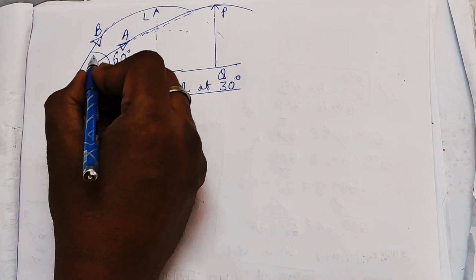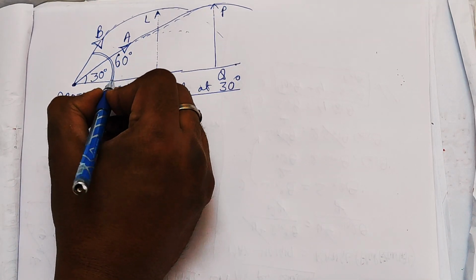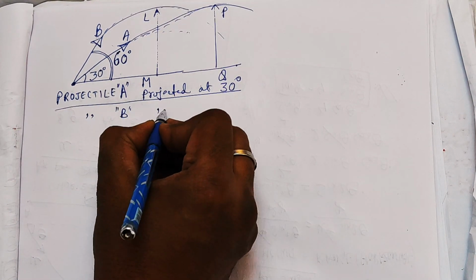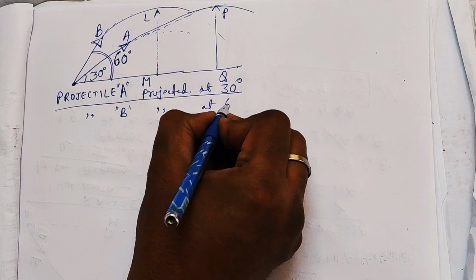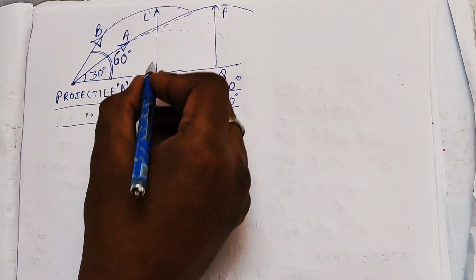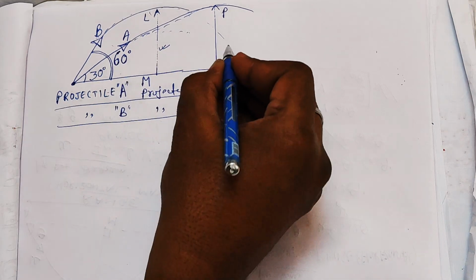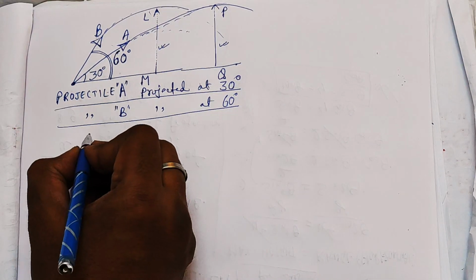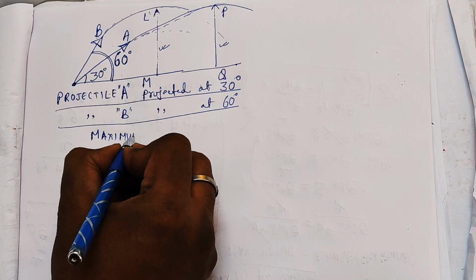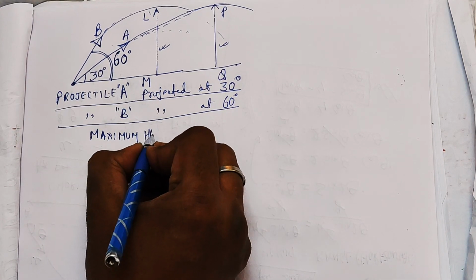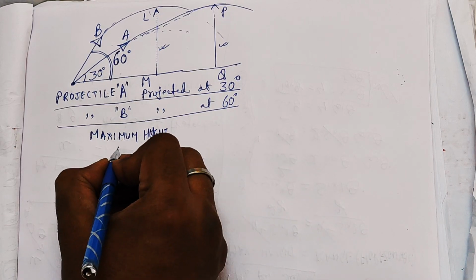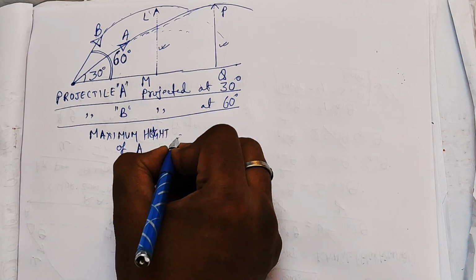This is the data which is given in the numerical. One angle is 30, another is 60. 30 degree for projectile A and 60 degree for projectile B. Now as per the question, the maximum height attained by projectile A will be equal to the maximum height attained by projectile B, right? So I am writing it over here.